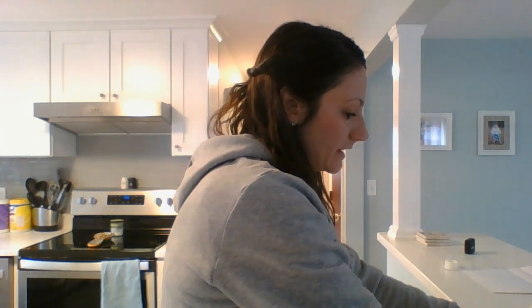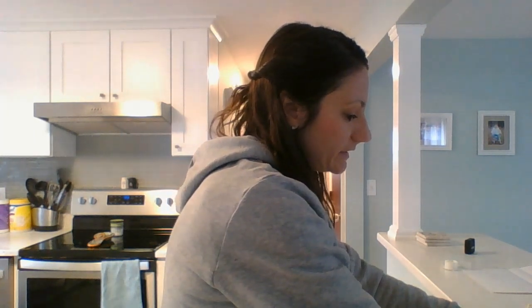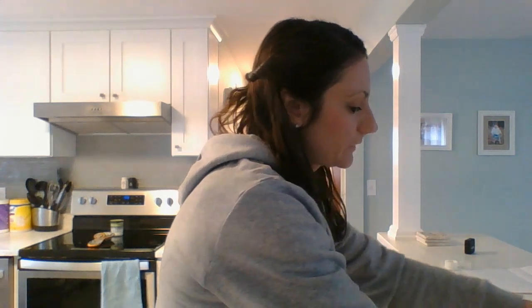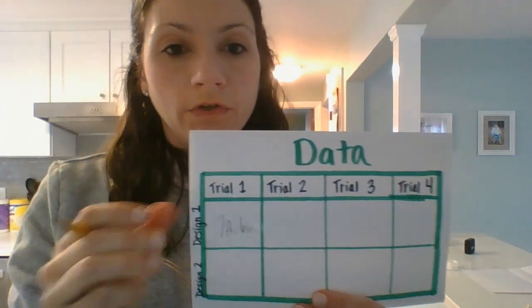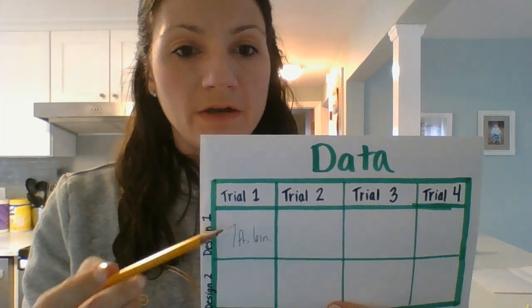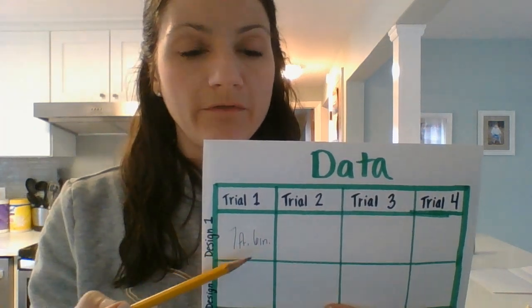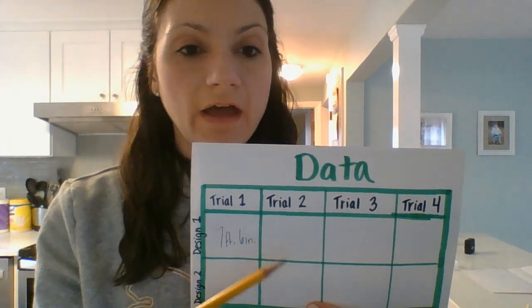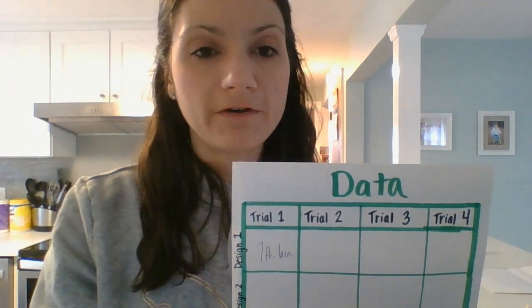So I am going to take my data table and record how far my first flight was to the nearest inch. So my data table for my design 1, my first trial, 7 feet 6 inches. I'm going to do 3 more trials and we will see what the furthest distance I get is.